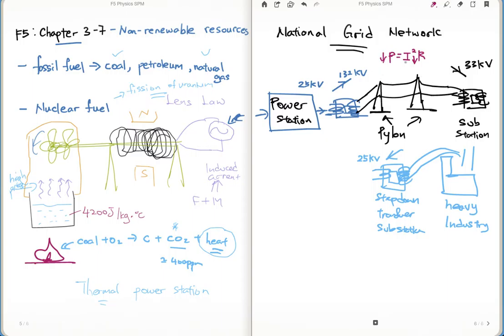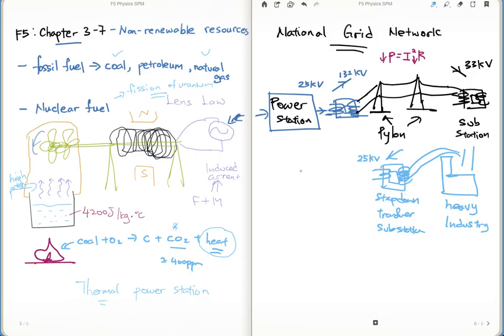Okay, I think we will talk about this power loss in the next video, but because we are talking about the national grid now, 25 kilowatt after the heavy industry would be the light and medium industry.